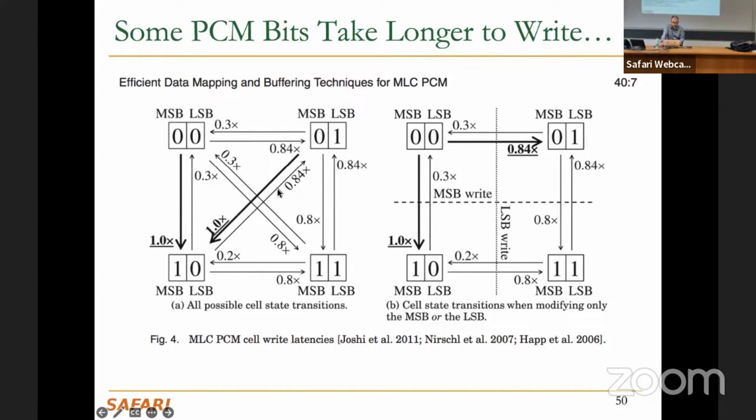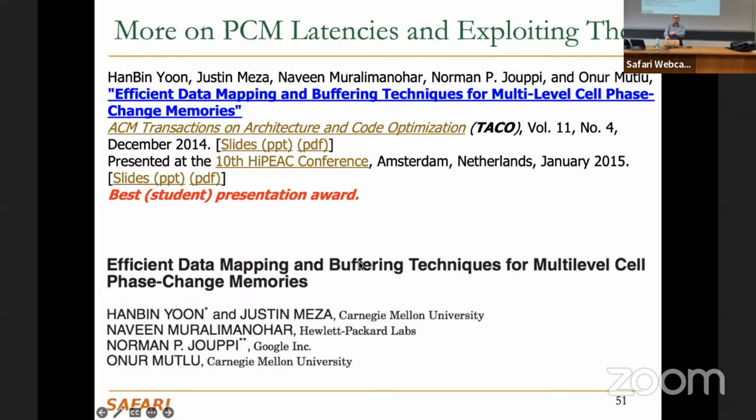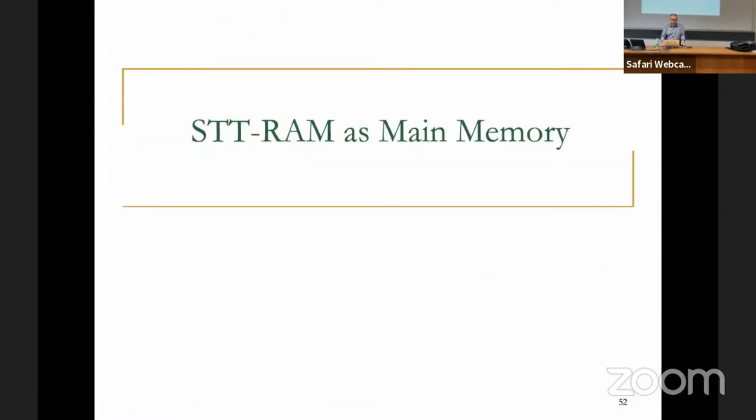So you can also benefit potentially from that by using data mapping and buffering techniques. I haven't explained how these can be implemented, like how you can benefit from these techniques. If you want, you can also check this paper, but you can assume from the example I mentioned, I guess. Any questions?